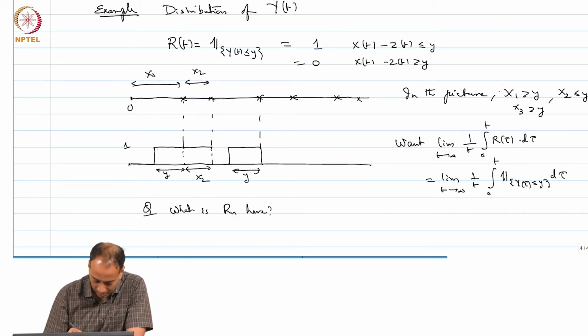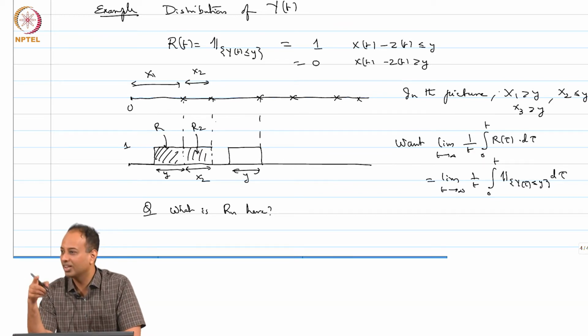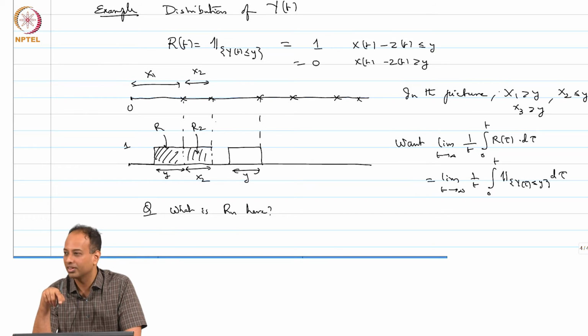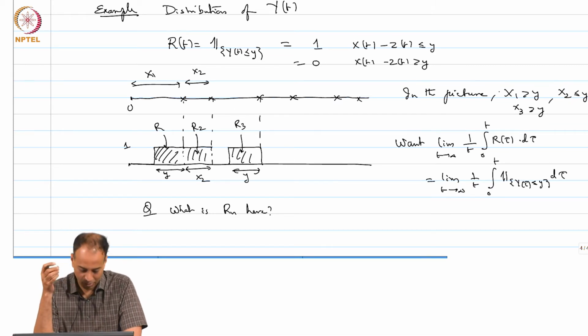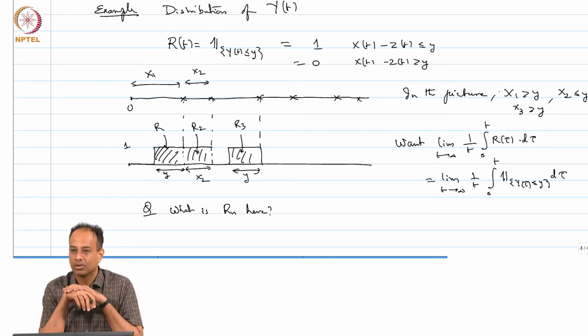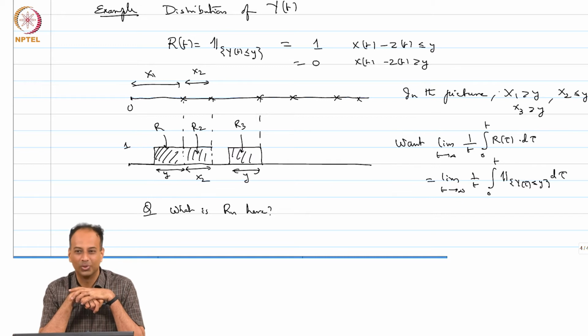So, this is R 1, this area is R 2. This is the analog of the isosceles triangle areas, except the function now is different, and this guy will be R 3. So, R 1 is how much? Little y, R 2 is x 2, R 3 is y.